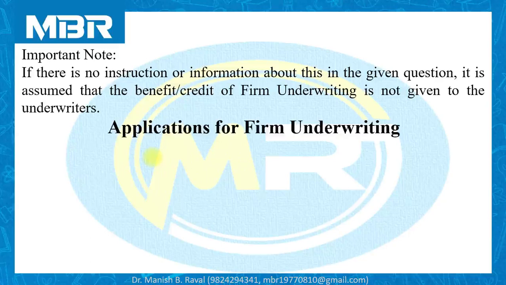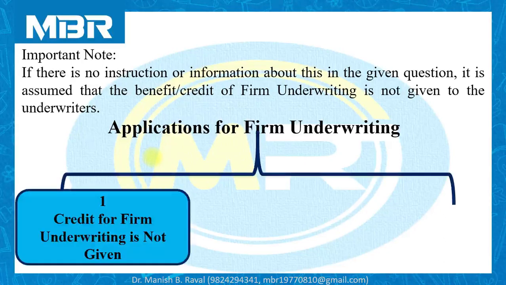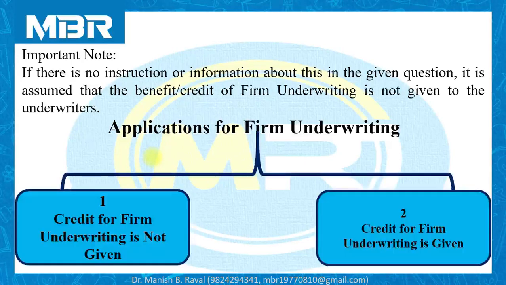Now, suppose underwriters also apply for firm underwriting numbers of shares to the company. Now, as discussed, there are two options. First option, credit for firm underwriting is not given to the underwriter, and second, credit for firm underwriting is given to the underwriter.